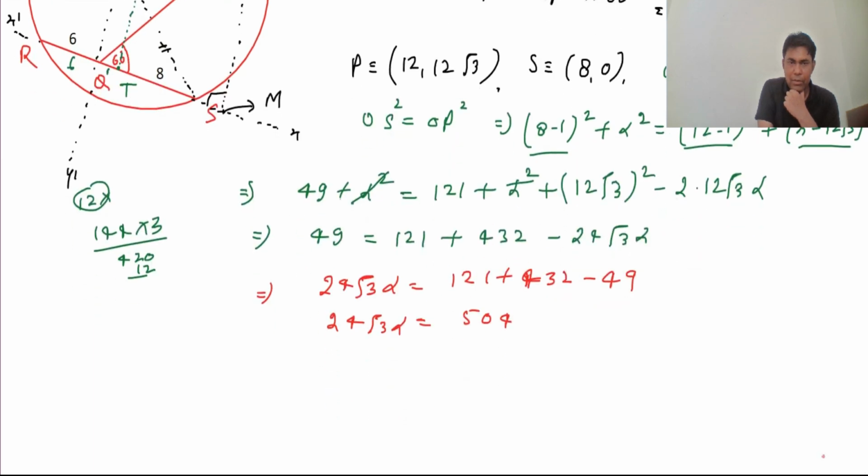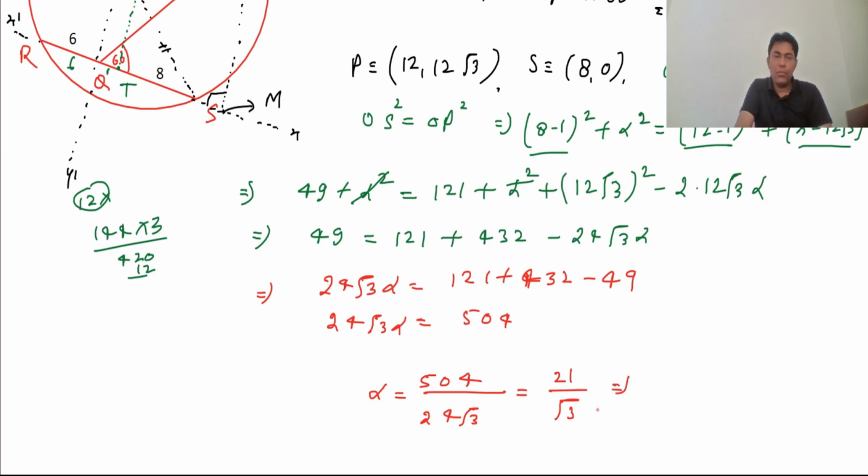So alpha is equal to 504 divided by 24 square root of 3. Twice 24 is 48, then 24 once is 24, so alpha is equal to 21 divided by square root of 3. If we multiply and divide the numerator and denominator on the right hand side by square root of 3, we have alpha equal to 21 square root of 3 divided by 3. So 7 square root of 3 is the value of alpha.